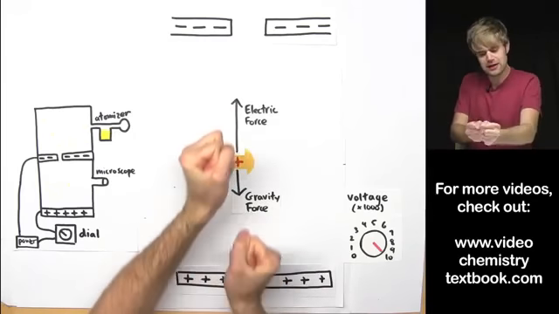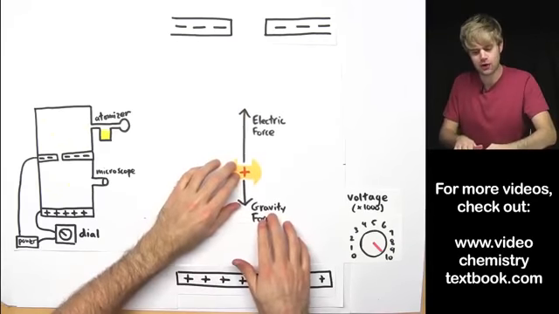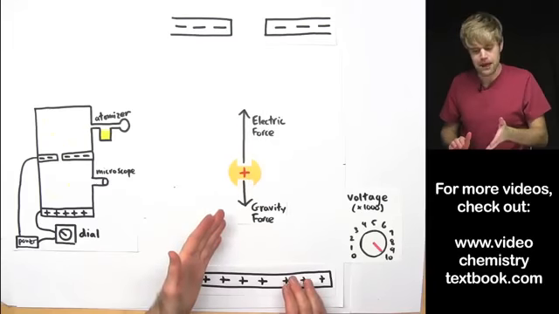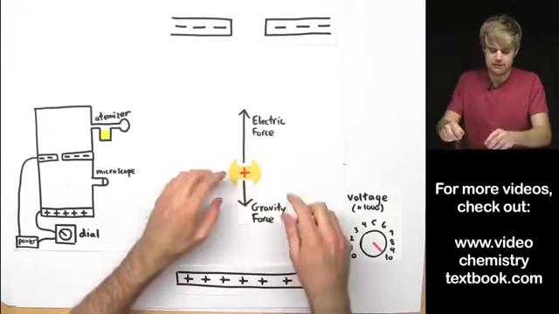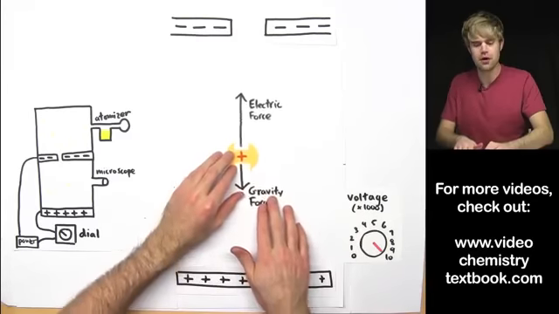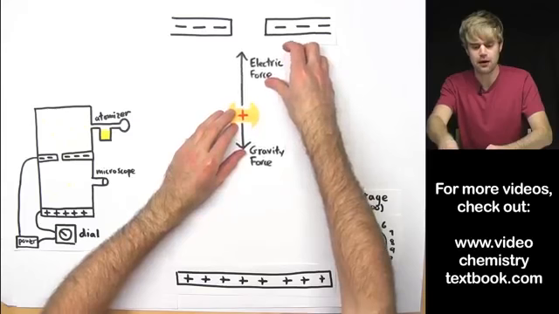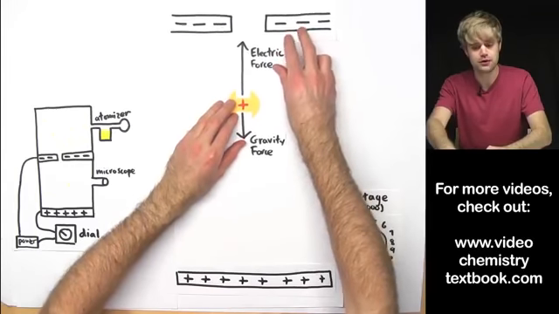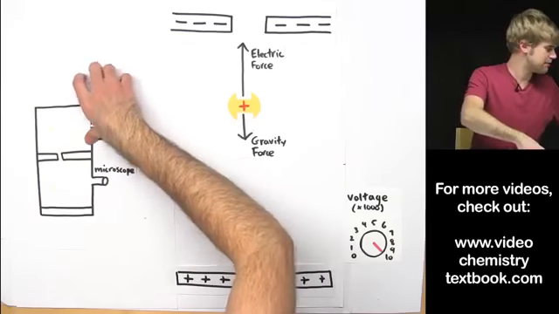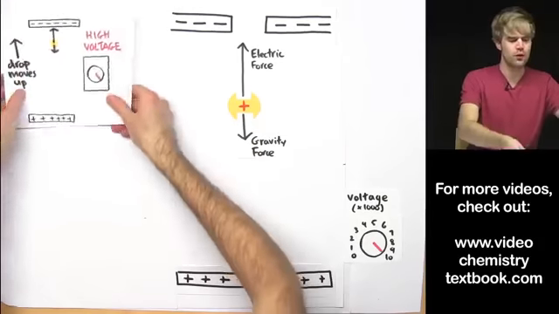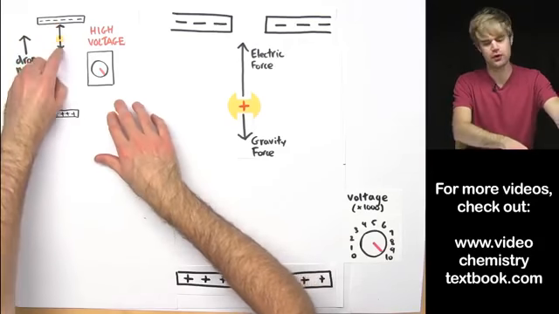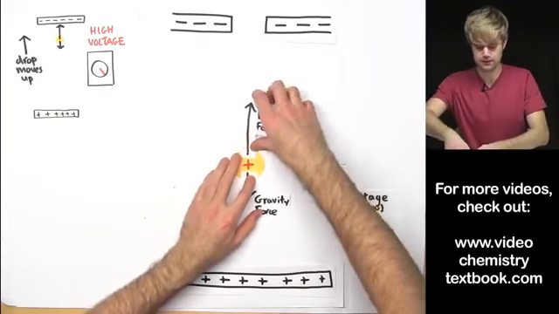So since they're trying to cancel each other out, the electric force is going to win because it's much bigger. And that means that it doesn't really matter that the gravity force is pulling down because the bigger force is moving up. So the oil drop is going to move upwards because the electric force is winning. So I can sum this up here: with a high voltage, the drop moves up because the electric force is bigger than the gravity force.